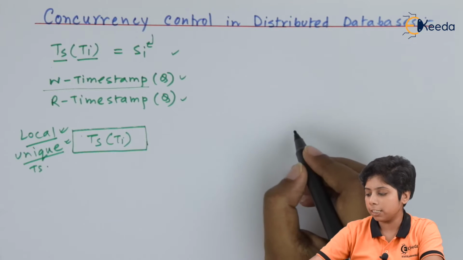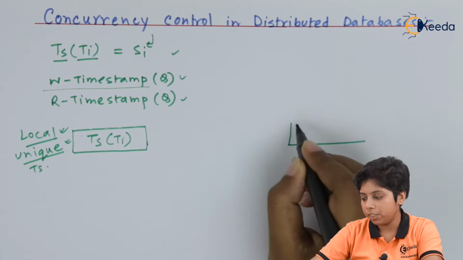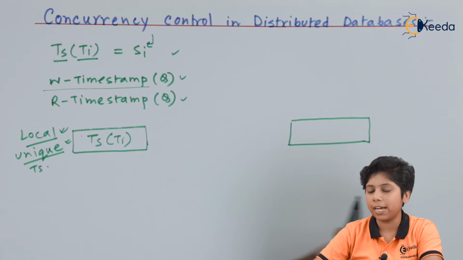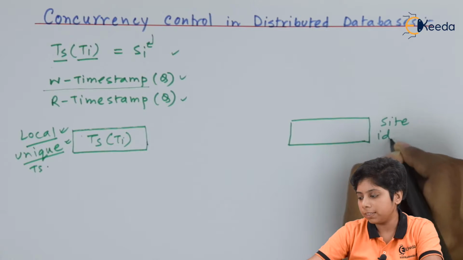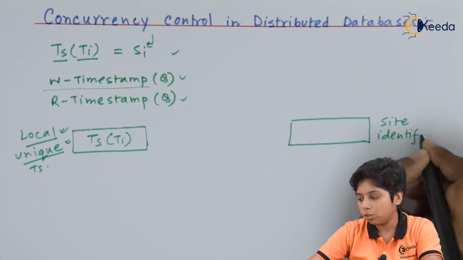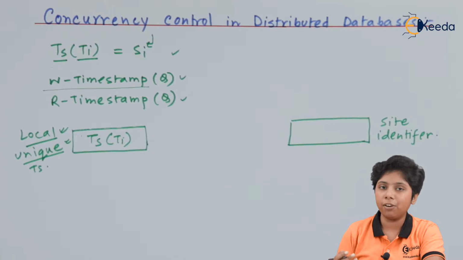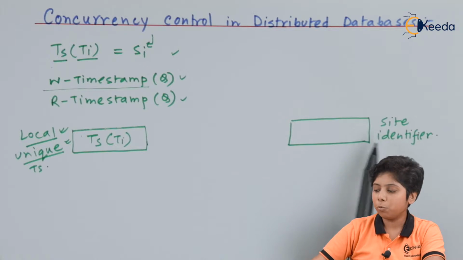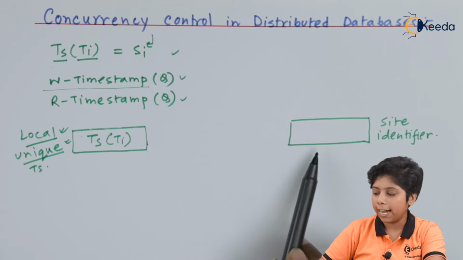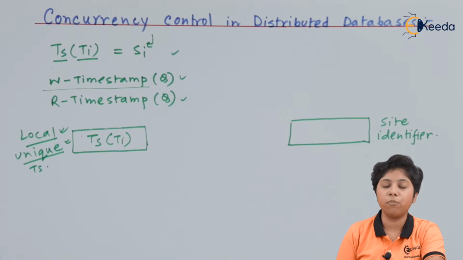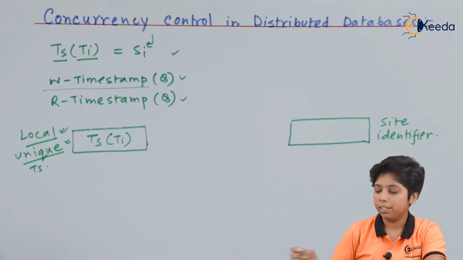There is one other identifier, known as the primary site identifier. Its basic function is to check whether there is any greater timestamp belonging to the site identifier. The site identifier is mainly concerned with the site that is the primary site holding the primary copy.